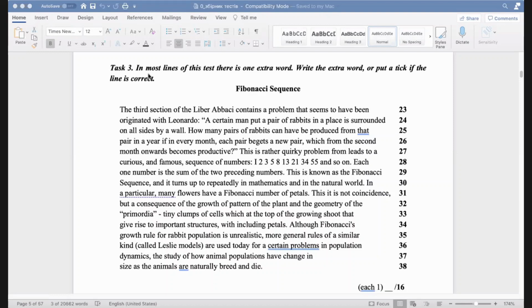You see, it is written in most lines, but not all. Okay, just a moment.